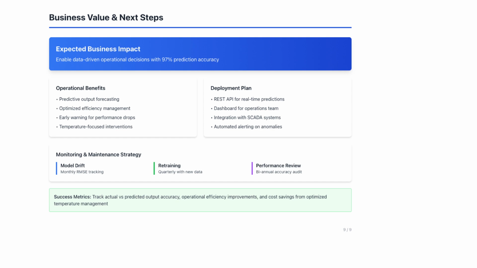That includes predictive output forecasting, optimizing efficiency management, and early warning for performance drops. I also included some of the deployment plan and also a monitoring strategy to track and detect model drift, and periodic retraining and audits as needed.